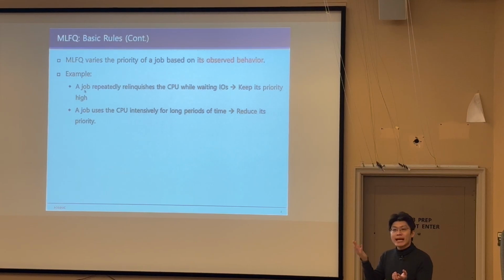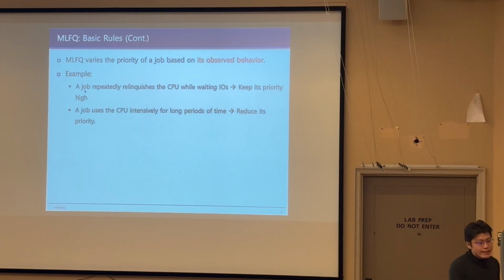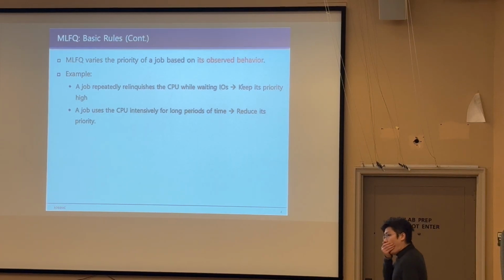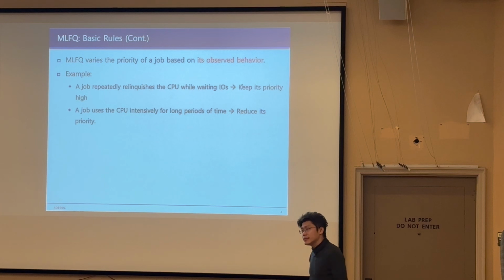The optimal scheduling algorithm is shortest job first. Because this process has a very short CPU burst, in the future we probably want to schedule it to have higher priority. So that's the rationale behind why we want to keep this kind of job's priority high. Does that make sense?